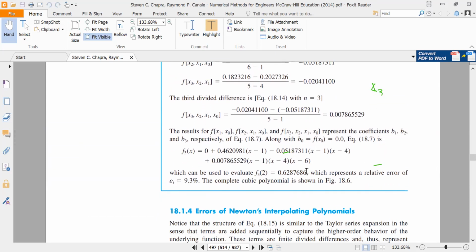Then your equation will be what? B0 plus B1 times (x minus x0), because your first point is x0 equal to 0 and the second point is x1 equal to 1. Then the third term is B2 times (x minus x0)(x minus x1), and similarly you can find the final term. This is the interpolating cubic polynomial.